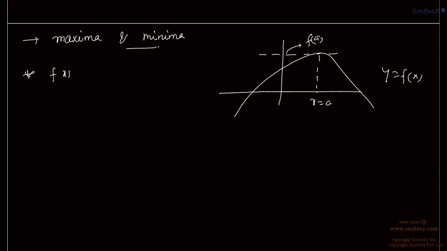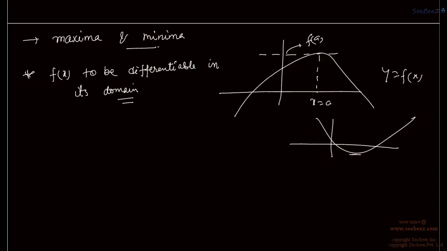So for f(x) to be differentiable in its domain, when the function is differentiable, then at the point of maxima, or if a minimum occurs, this is the point of minimum.